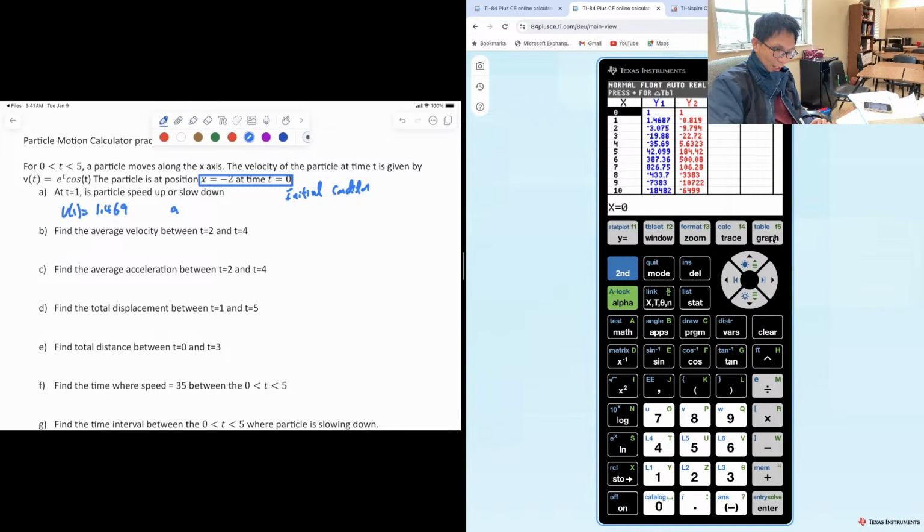Now, A of 1 is equal to negative 0.819. So since they are opposite, you say A of 1 and V of 1 have opposite sign. Therefore, slowing down. Does everybody make sense here?